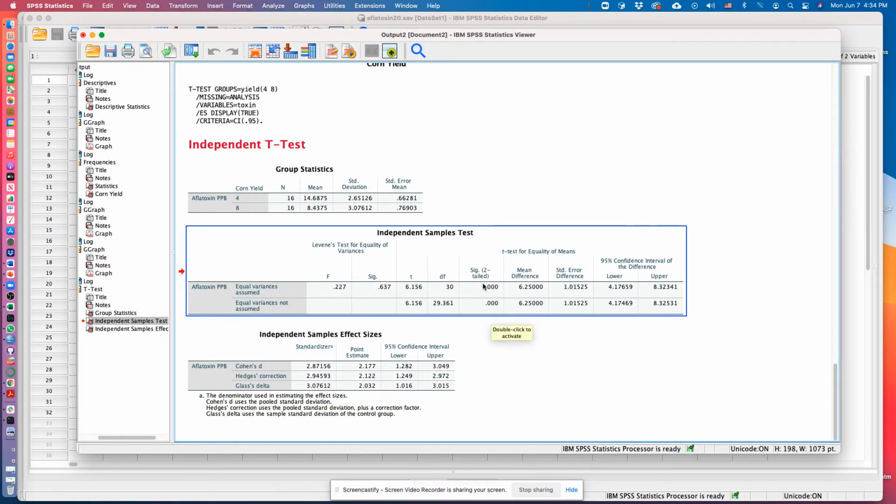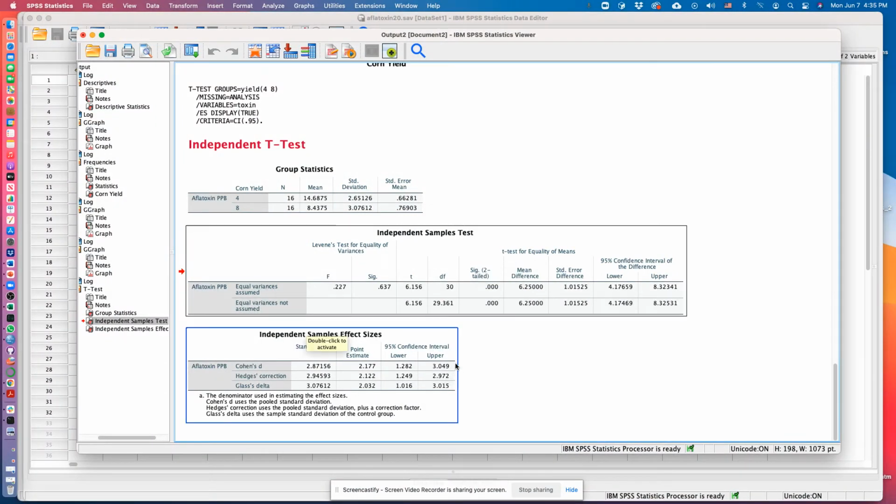The probability is very, very low. And as a result of that, we reject our null hypothesis. If the p-value is low, then the null must go. And so we reject our null hypothesis in favor of the alternative.